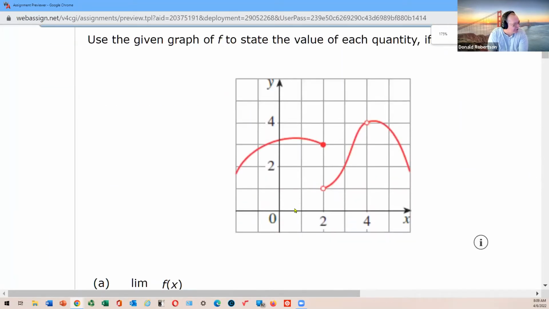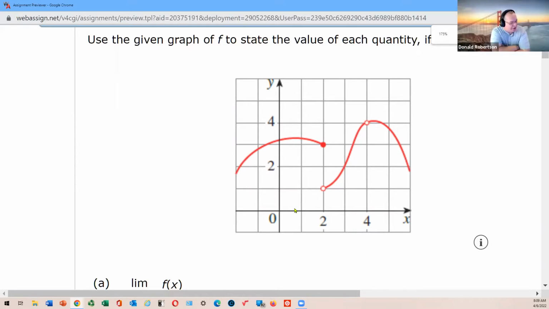And next picture. I'm not even going to call them left and right limits now. I'm going to use the other notation. What is the limit as x tends to 2 minus of f of x? 3. Great.